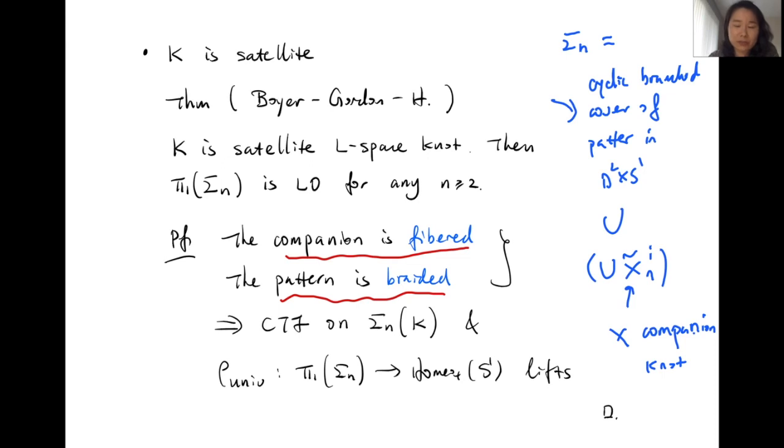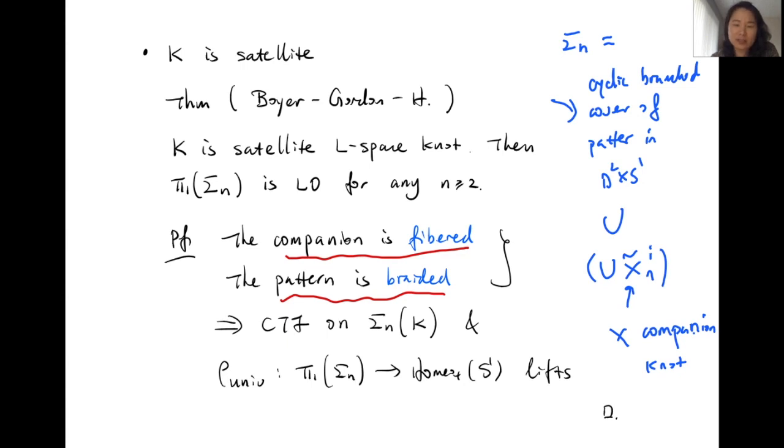So that's basically the two results I want to show you. One is using pseudo-Anosov flow, another one is using CTF. And by the way, for satellite knots, Gordon and Lidman had this conjecture. It basically says that given any prime satellite knot, all the cyclic branched covers should be CTF, LO, and NLS.